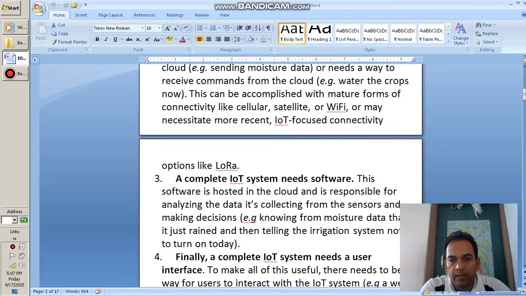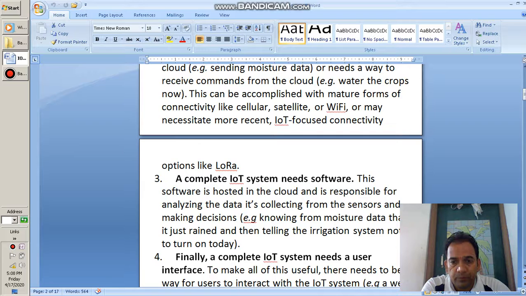Here the example is that for moisture data, that is just rain, telling the irrigation system not to turn on today. This is one implementation of an IoT system where moisture sensors are placed in the soil and continuously monitor the moisture of the soil. It is instructed that if the moisture decreases to a certain threshold value, they automatically turn on the irrigation water pump, so the irrigation gets started.